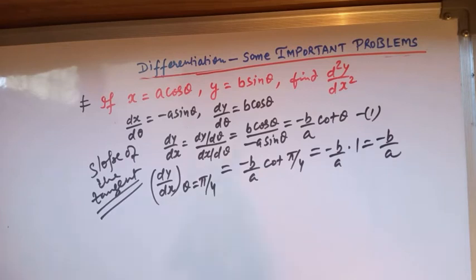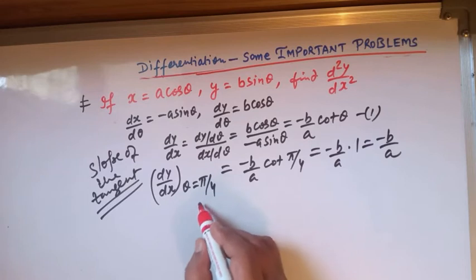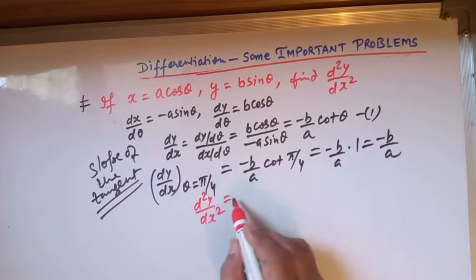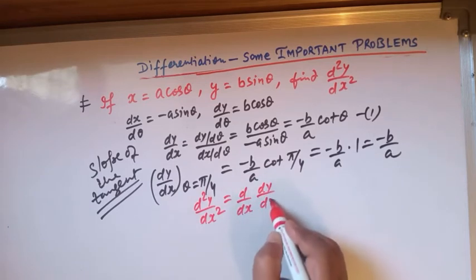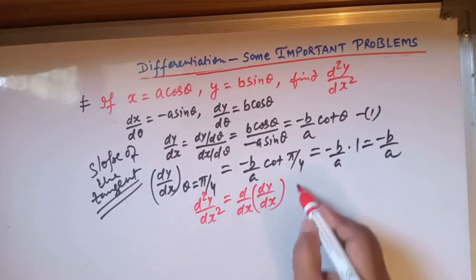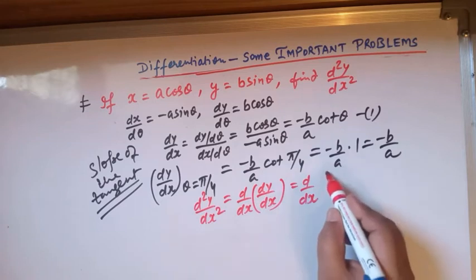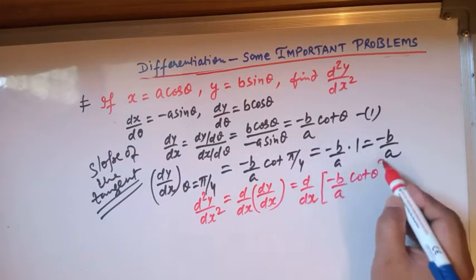But viewers, here we have to find the second derivative. Clear? So the second derivative is d square y over dx square, and the second derivative is given by differentiating the first derivative. Clear? And the first derivative is dy over dx is minus b by a cot theta. Clear?